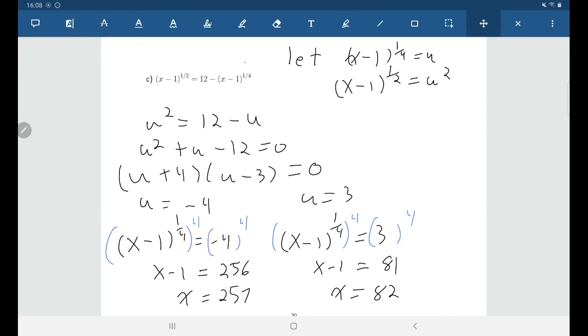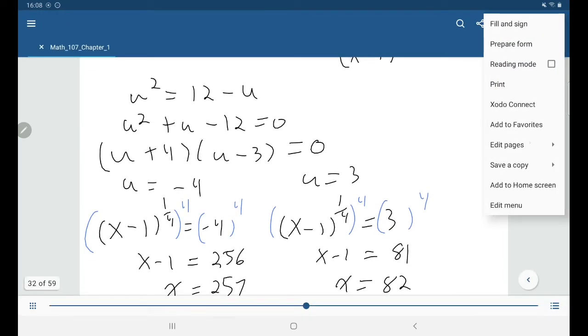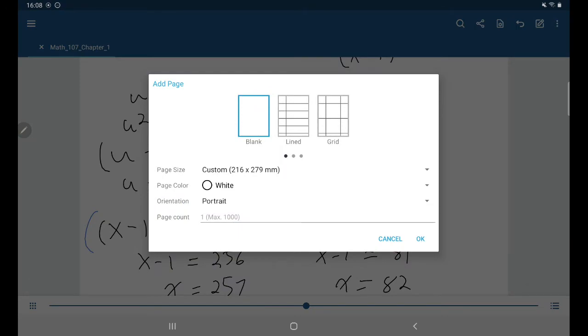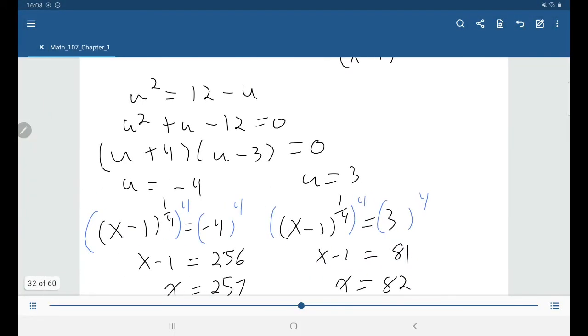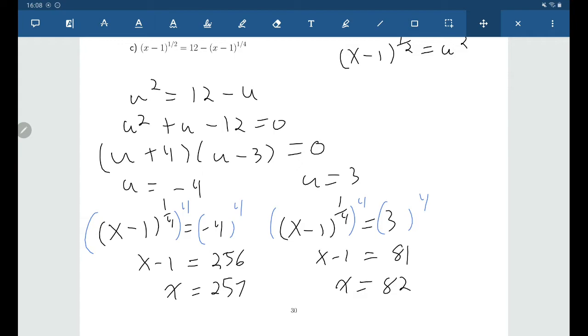Now, you might have caught me saying potential solution here, and you might be wondering why I said potential solution. The reason for that is this. Remember that I said anytime you're solving an equation and you happen to raise both sides of an equation to an even power, that's a place where you might have introduced an extraneous solution.